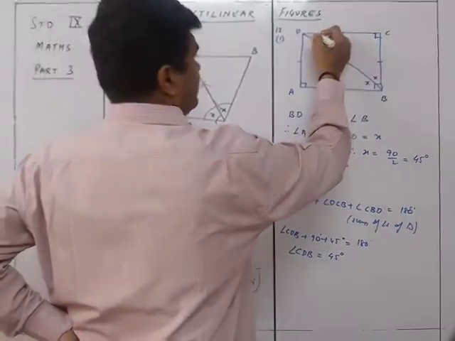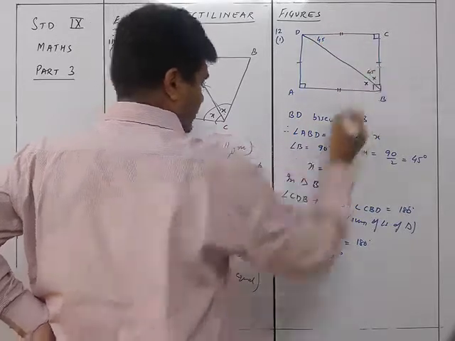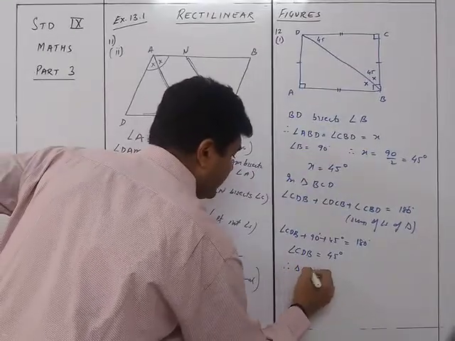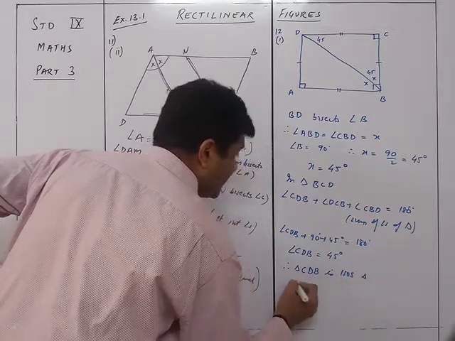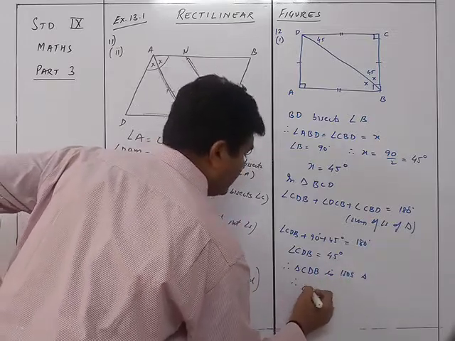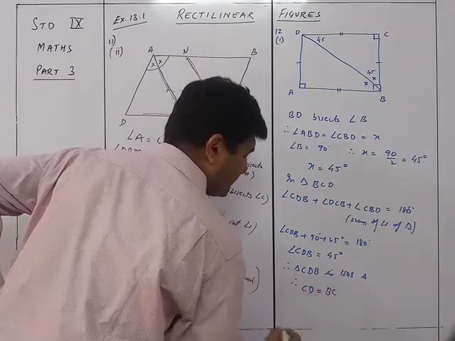If CDB is also 45 and this is also 45, therefore triangle CDB is an isosceles triangle. Therefore, CD is equal to BC.